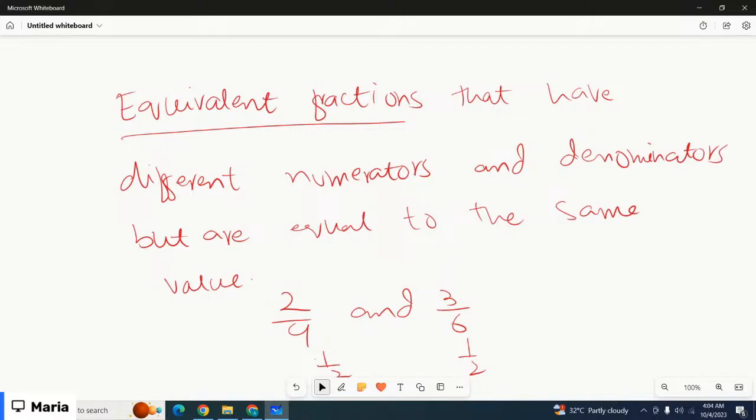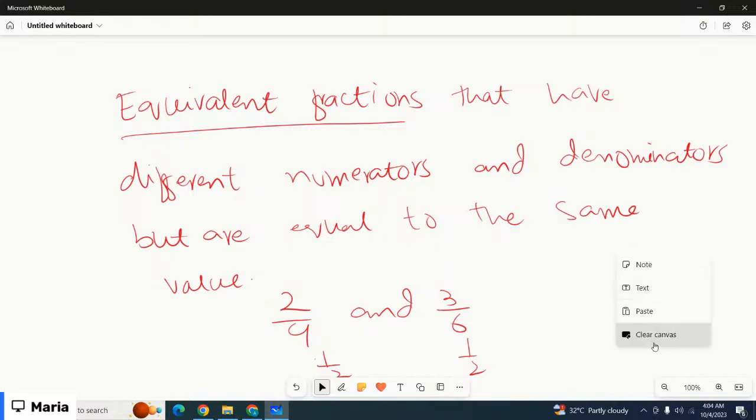They have the same amount and the same meaning. Okay, let's start with the examples.